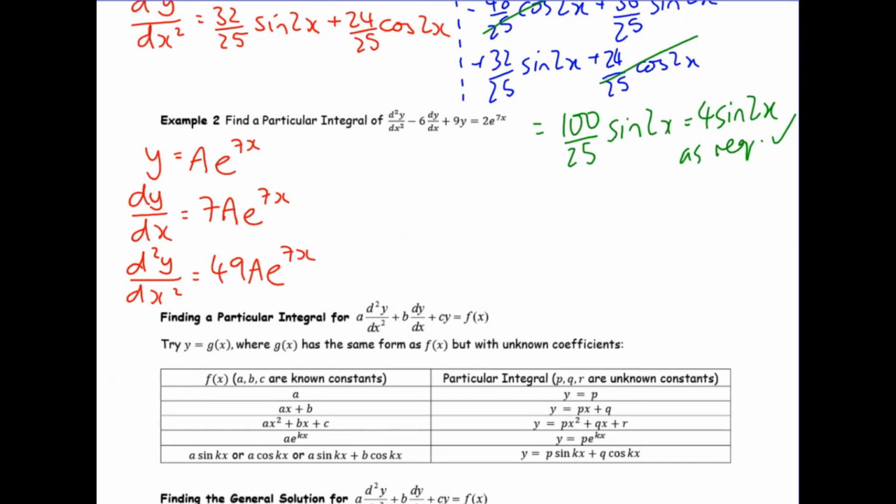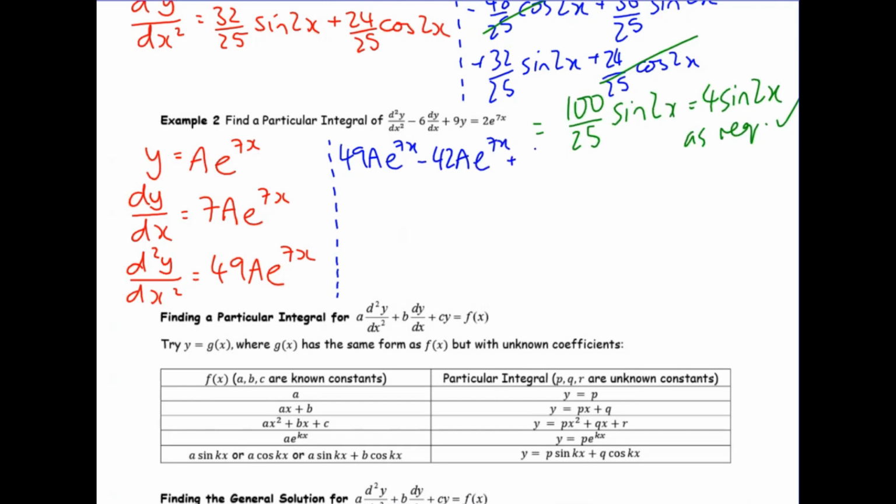I can substitute these in now and work out what my a value is. d squared y over dx squared is 49a e to the 7x. dy by dx is 7a e to the 7x times by minus 6, so minus 42a e to the 7x. And I've got plus 9 times y, so 9a e to the 7x. So this is 49 minus 42, so 7, plus 9 gives me 16a e to the 7x.